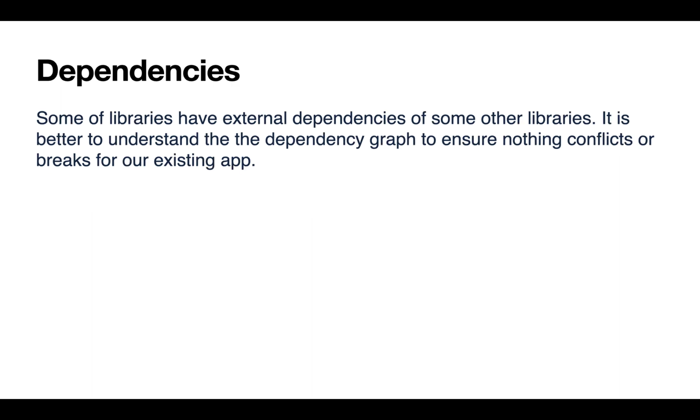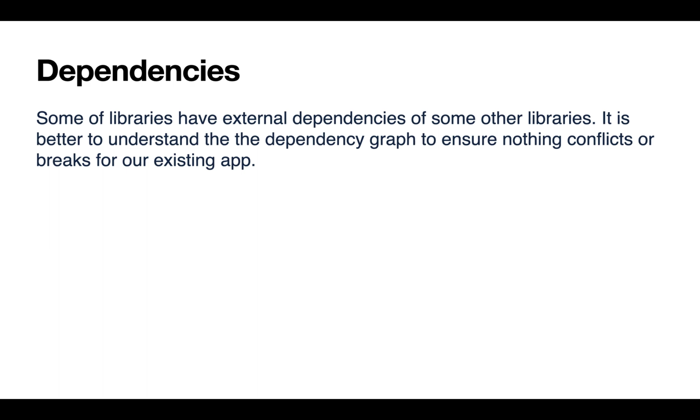Dependencies. Some of the libraries have external dependencies on other libraries. It's better to understand the dependency graph to ensure nothing conflicts or breaks in our existing system. Let's say in our application we are using some networking library with version 1.1, but the library which we want to integrate also uses the same networking library, or maybe some different networking library with a different version.